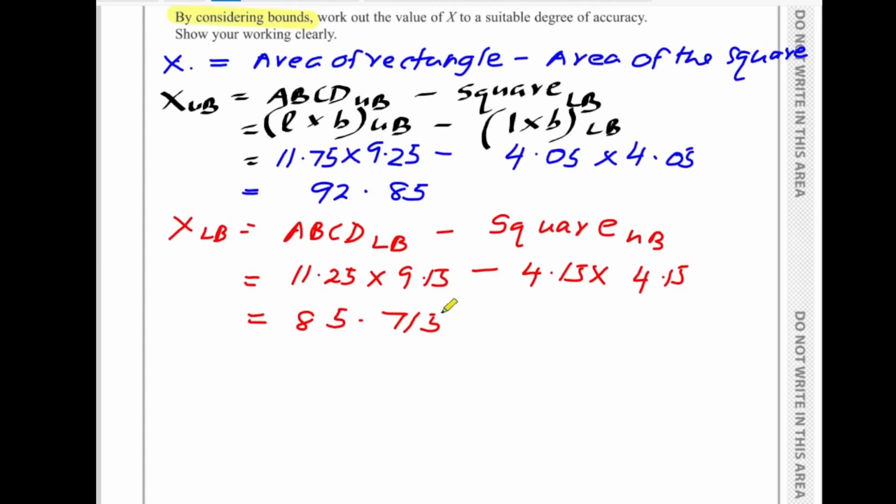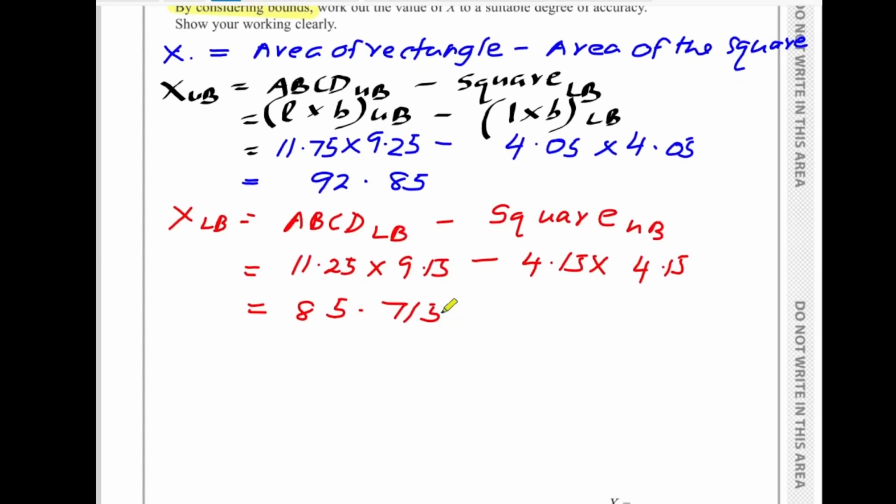Now, considering both bounds, we need to get the answer by considering bounds. Work out the value of x to a suitable degree of accuracy. Now let's write both the values. One is 92.85, which is upper bound. The lower bound is 85.715.